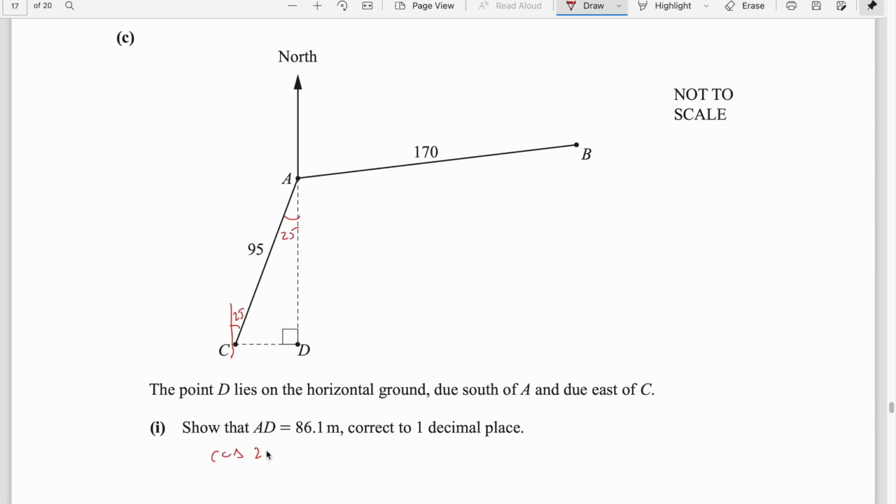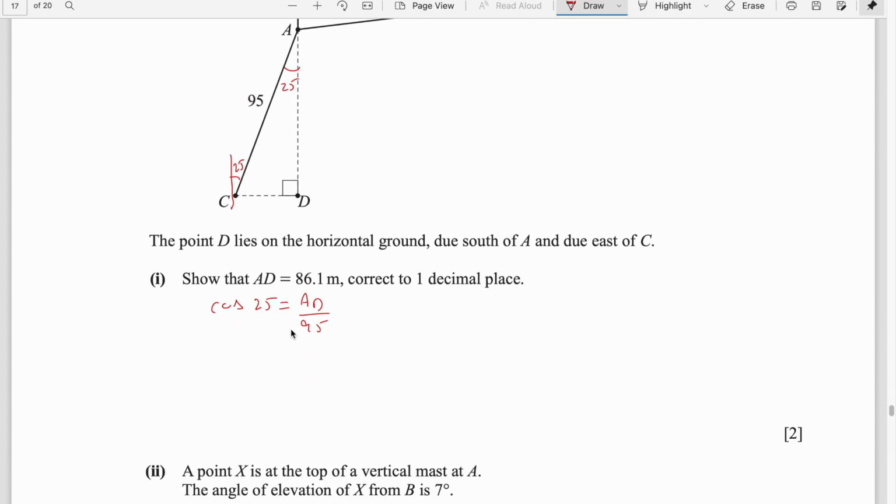So cos of 25 is equal to base, that is AD, over hypotenuse, which is 95. So AD is equal to 95 cos 25, which is 86.099, approximately equal to 86.1 meters.